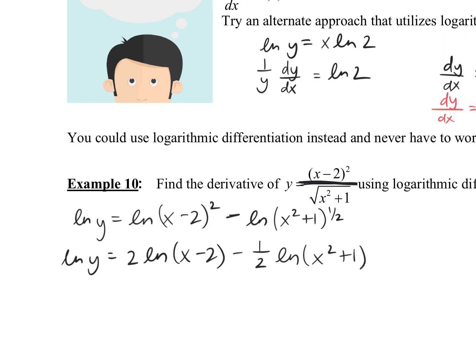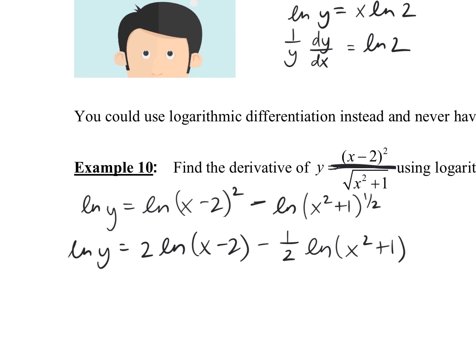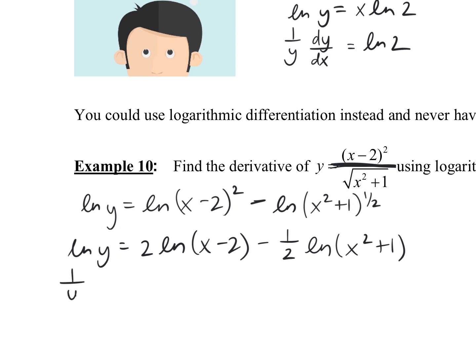Okay, rewriting it with logs now allows us to solve the derivative, taking the derivative of both sides. All right, so now the derivative of the left side would be 1 divided by y times dy dx. Now on the right-hand side, the derivative of the natural log of that stuff is just 1 over that stuff, in parentheses.